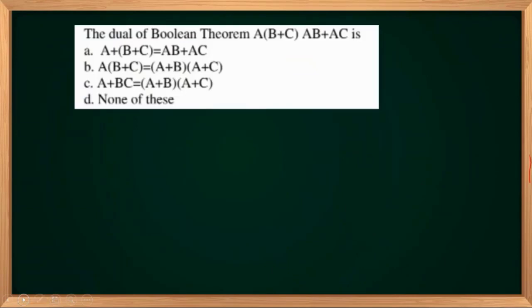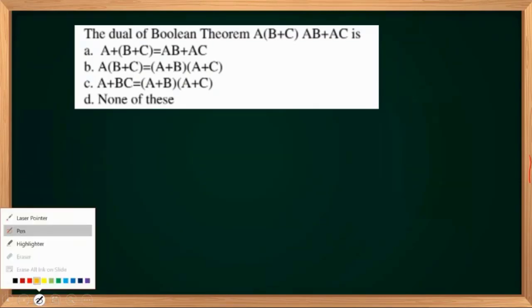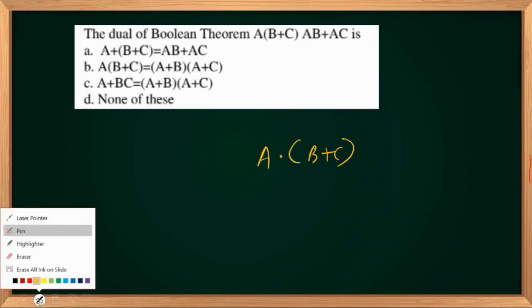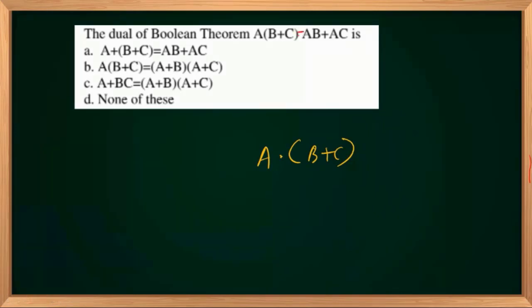And we have one question from the duality theorem. The dual of Boolean theorem A dot B or C equal to A dot B plus A dot C is. There is an equality sign here that is missed.